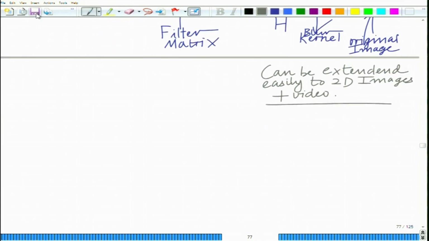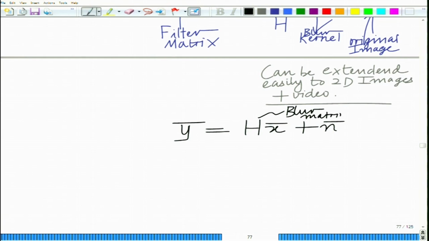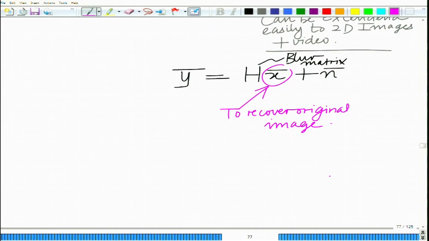We now have this model: output image y bar equals the blur matrix H times x bar plus the noise vector. So this is your blur matrix, and to reconstruct or recover the original image, we now apply the least squares.